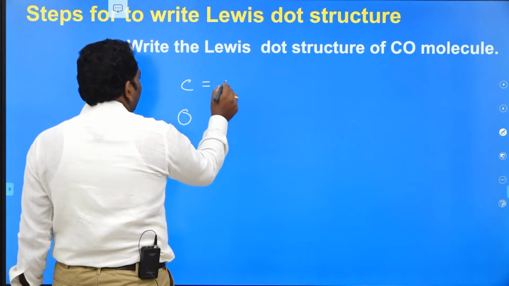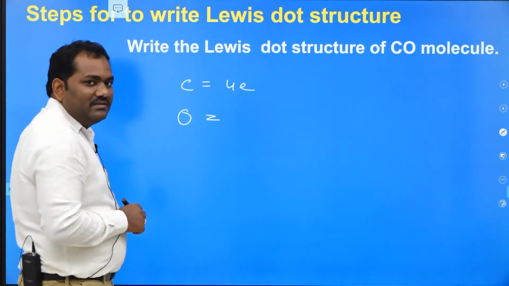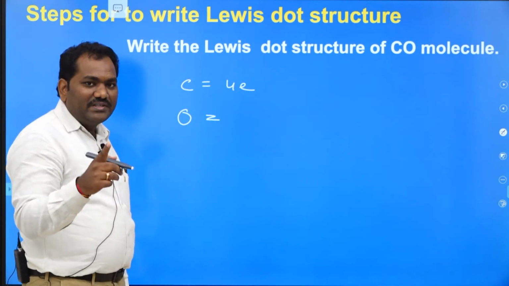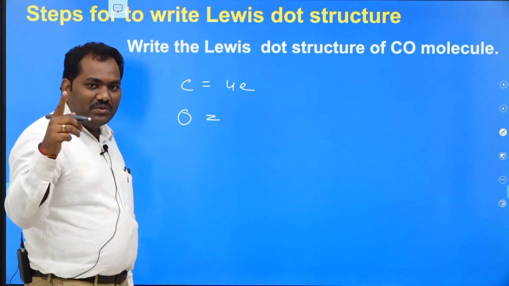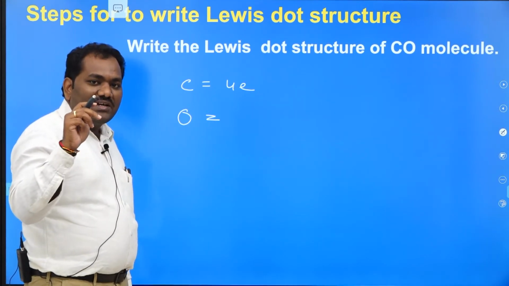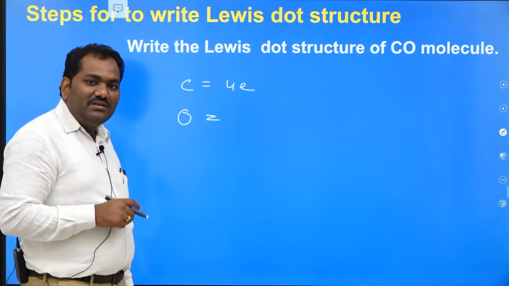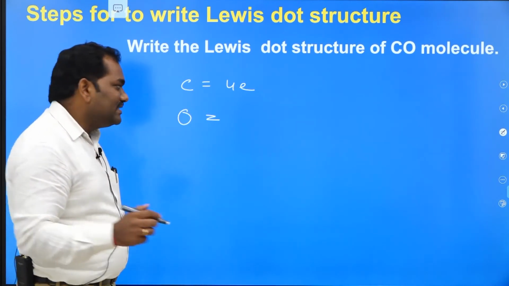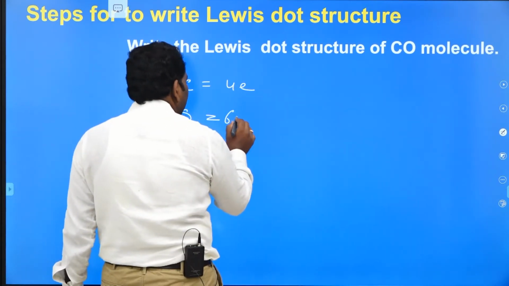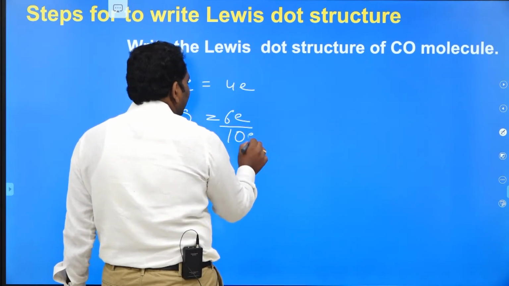Carbon contains 4 valence electrons, as already calculated in the previous slide. The electronic configuration is 1s2, 2s2, 2px1, 2py1, 2pz0. So 4 valence electrons are present in carbon. Similarly, oxygen contains 6 valence electrons. The total number of valence electrons is 10.